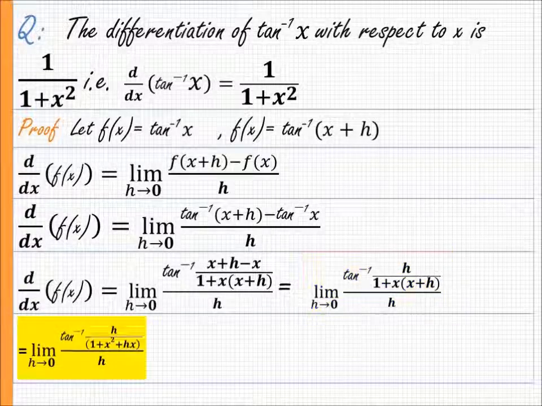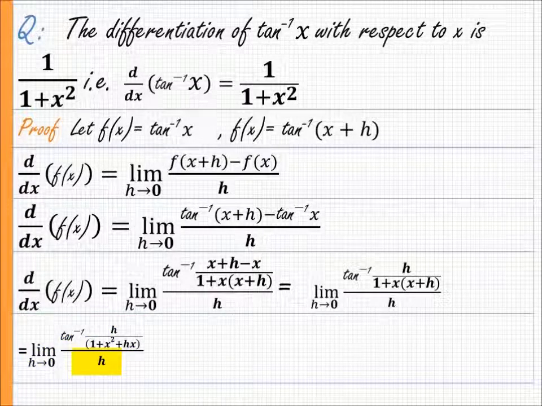And that simplifies to tan inverse of h upon 1 plus x square plus hx, whole divided by h. And now to simplify it, in the denominator we shall multiply and divide by 1 plus x square plus hx, because when we do so, in the tan inverse side we will have the same value in the numerator and the denominator.